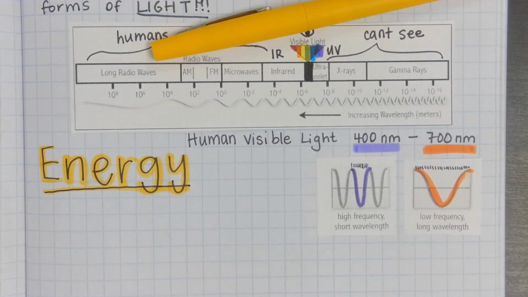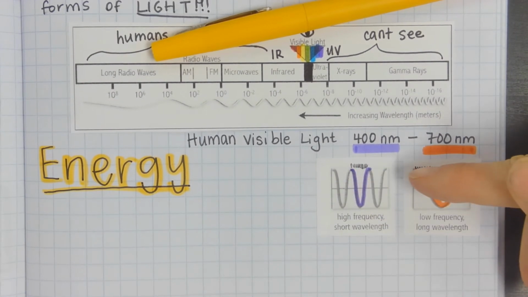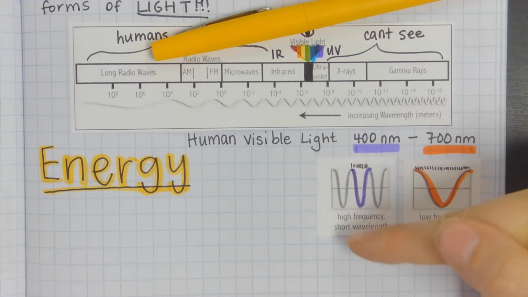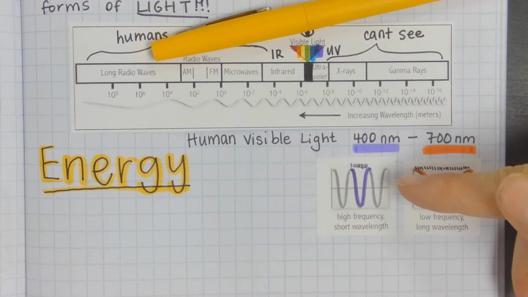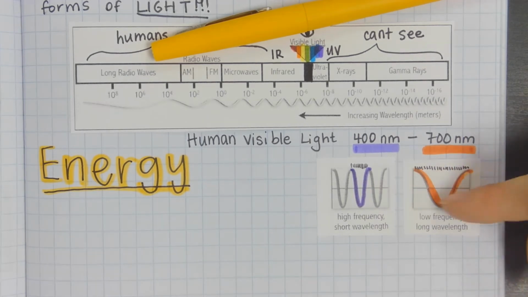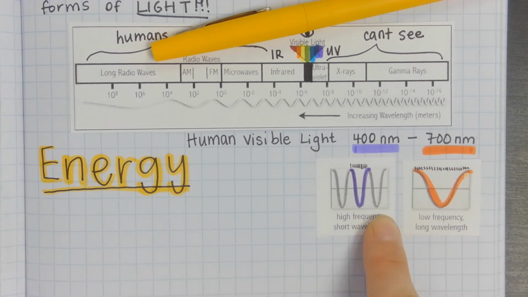When you look at these two waves, the purple versus the red, red has a lot less. This one is obviously the more energetic wave.